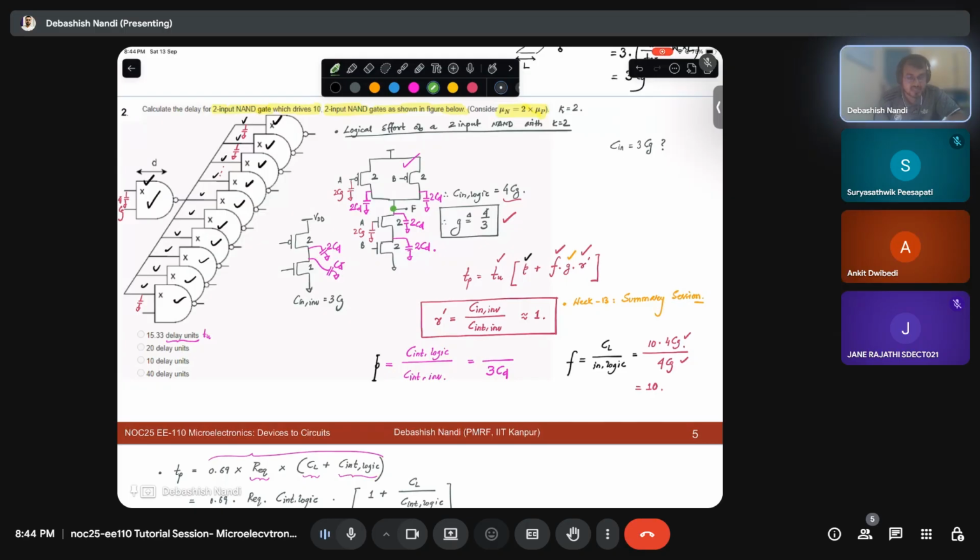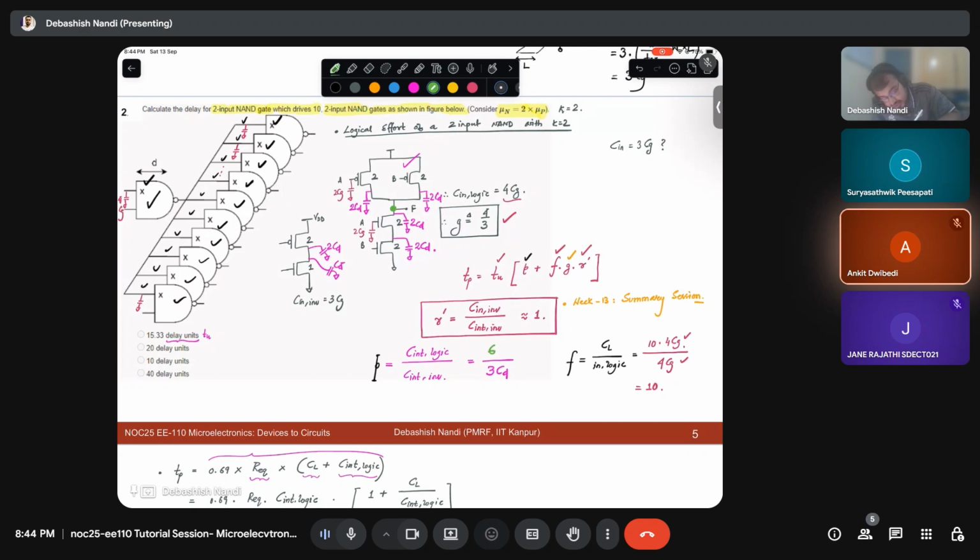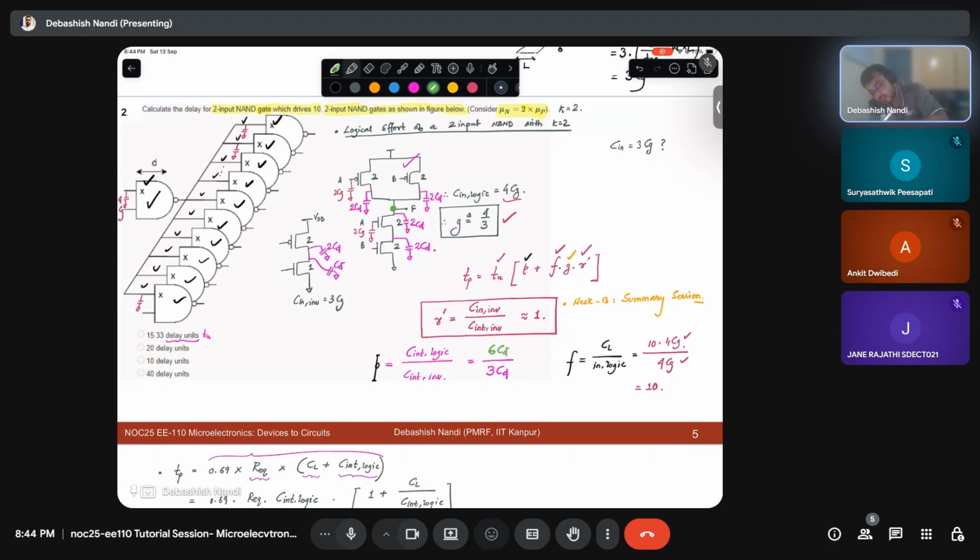So what is the overall capacitance? 6CD. All are connected to the F node. One terminal of the capacitance is at the node, the other terminal is ground. Fine. That is why it will be 6CD. Three capacitances are in parallel.